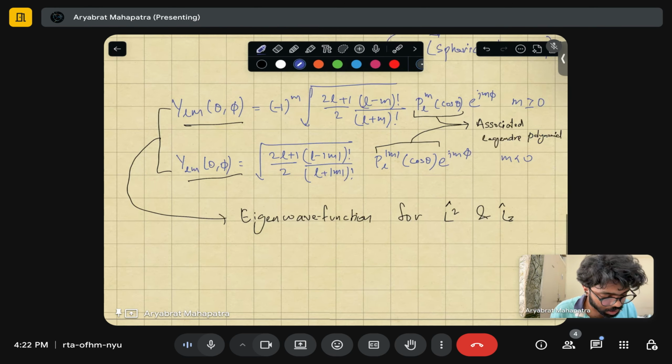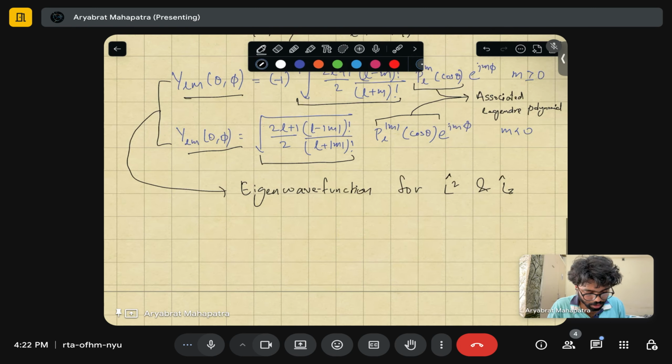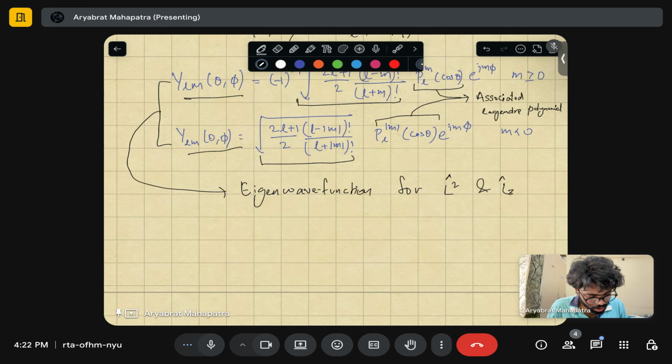So you see this overall factor right here; these factors are basically your normalization constant. If you want to check the normalization condition, the normalization condition for these wave functions is usually this.